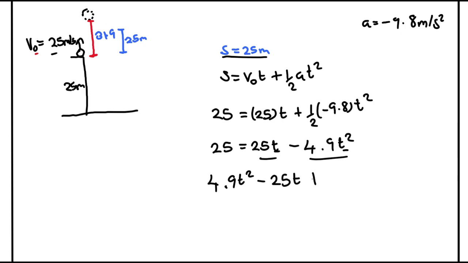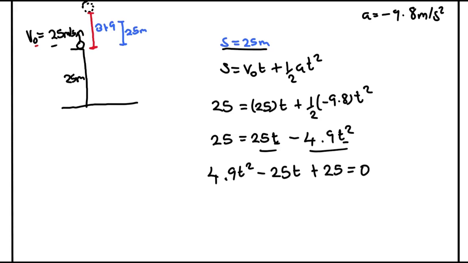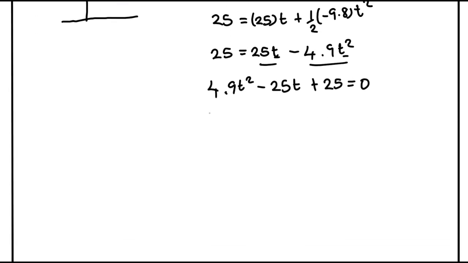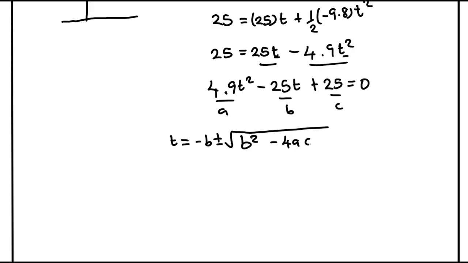Then this is plus 25 is equal to 0. Now that we have this, we can label this as a, this will be b, and this will be c. Then we'll use the quadratic formula, which is t equals negative b plus or minus the square root of b squared minus 4ac, divided by 2a.